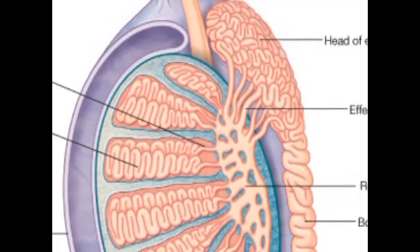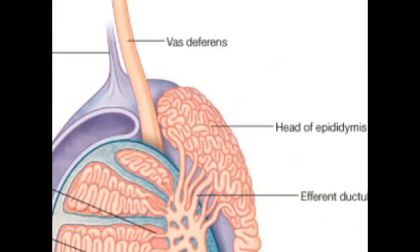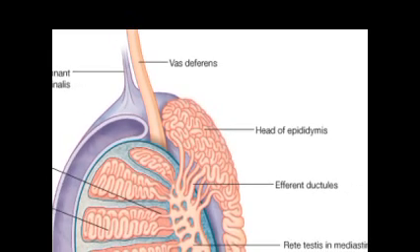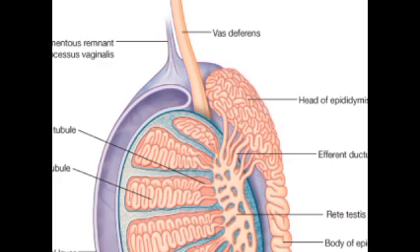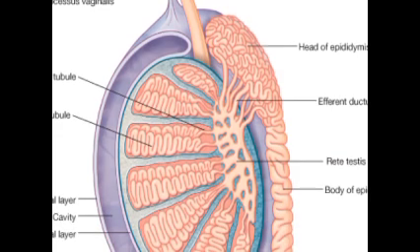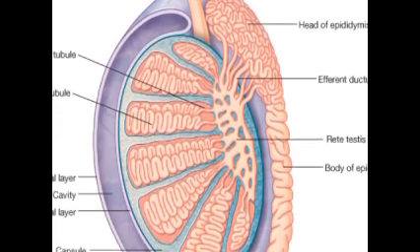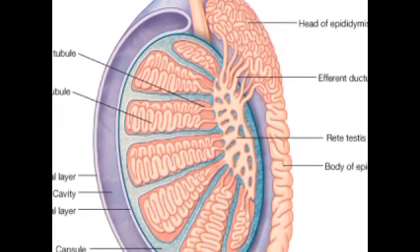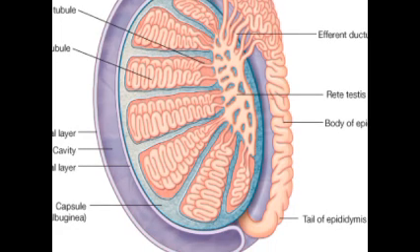The second side: vas deferens, head of epididymis, efferent ductules, rete testis in mediastinum testis, body of epididymis, tail of epididymis.